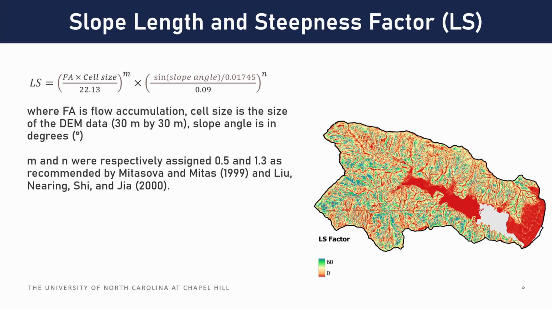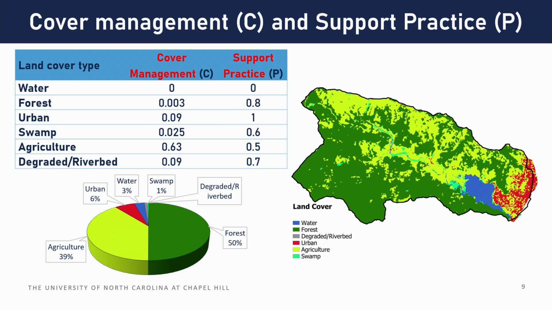So the next factor, LS factor, is the impact of slope length and steepness on soil erosion. The other factors are C factor and P factor.